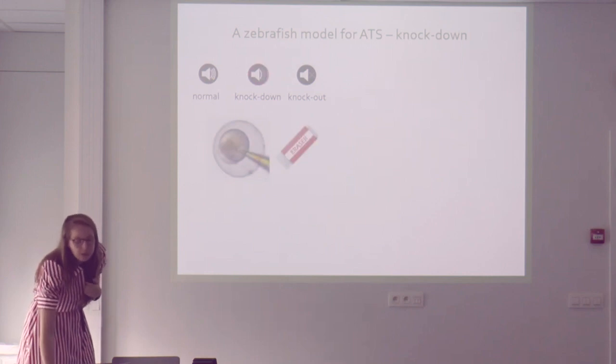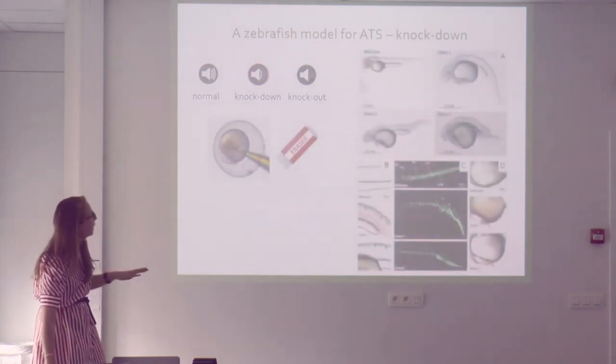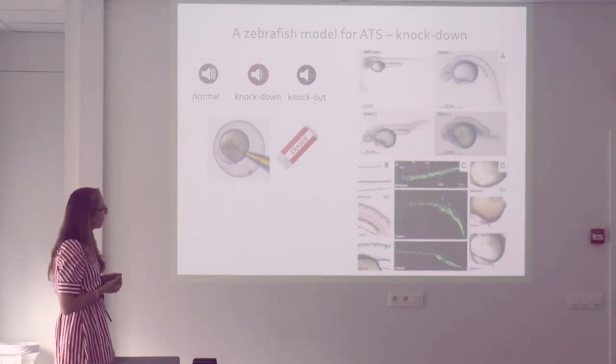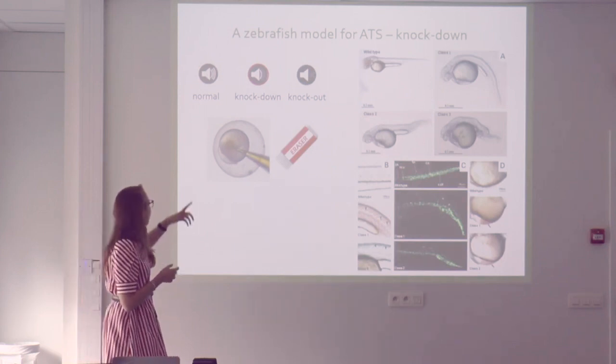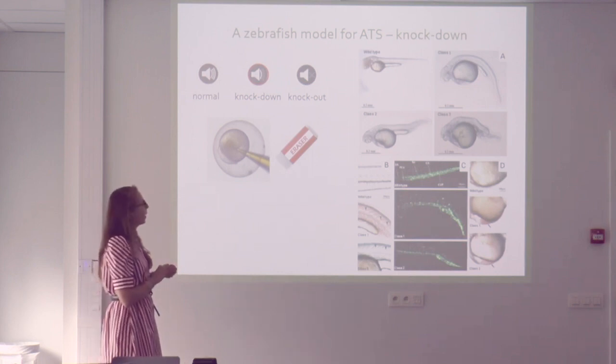So the first model we did, we made a knockdown. So we just put the volume a bit down in the gene, and we actually had very nice results with that. So what you could see is we did injections, like you see on the figure here, immediately after the zygote was formed.